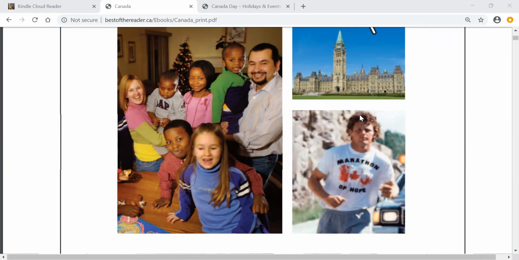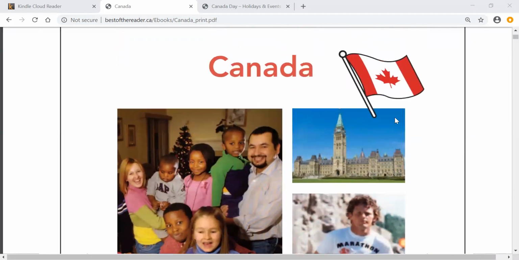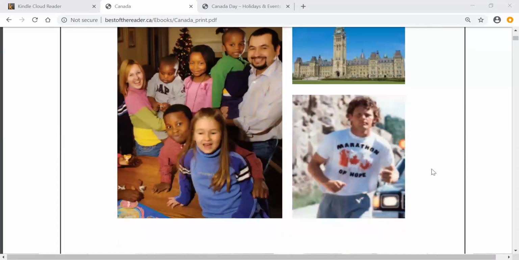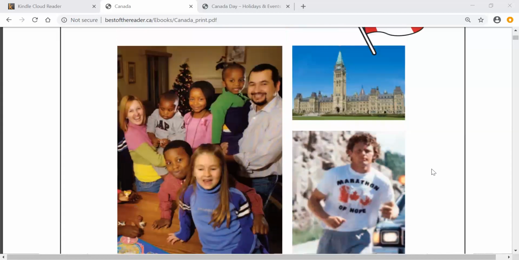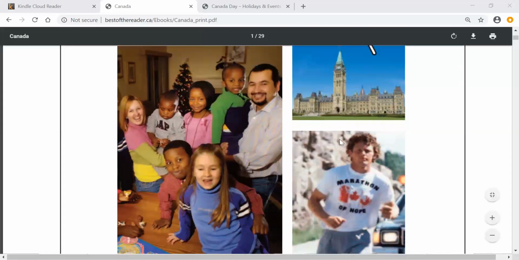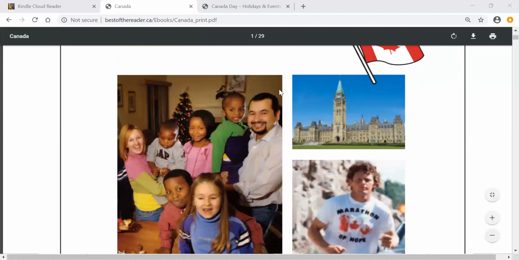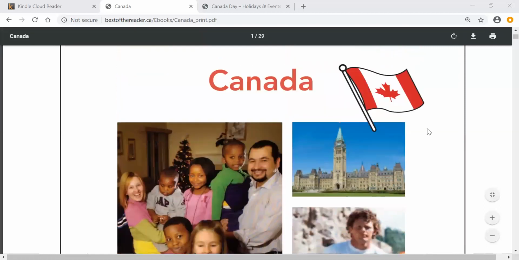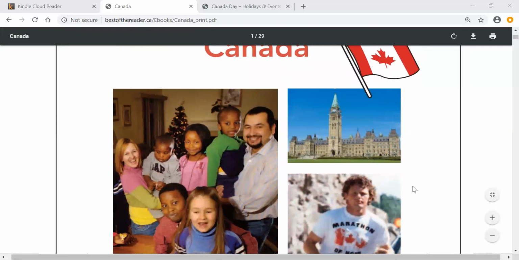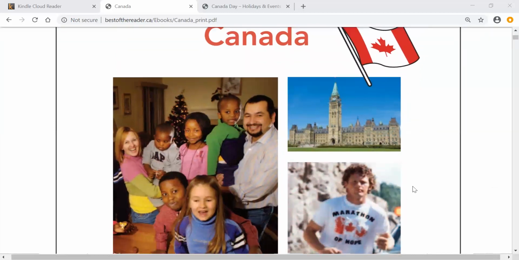So let's look at these pictures. What do you see in these pictures? What do you know? Do you know anyone here? What is this picture? Do you know what that is? This is the Parliament. Parliament, government, right? This is where Justin Trudeau works, the Prime Minister of Canada.